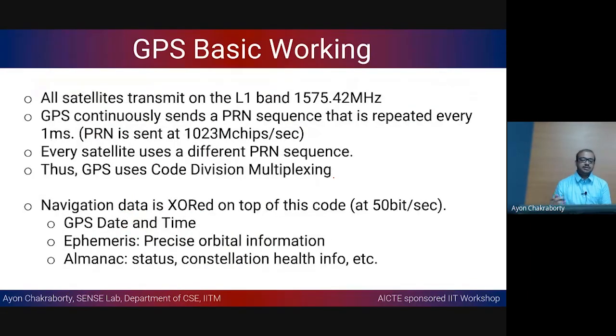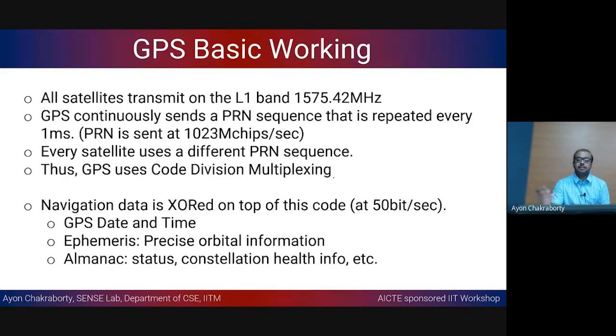Some extra pointers that you also have to know about this technology: what frequency they are operating in, the 1.5 gigahertz band. The satellites are using a certain portion of the frequency spectrum, that you have to know. And the GPS continuously sends a PRN sequence, a special sequence, and that sequence is repeated every 1 millisecond.